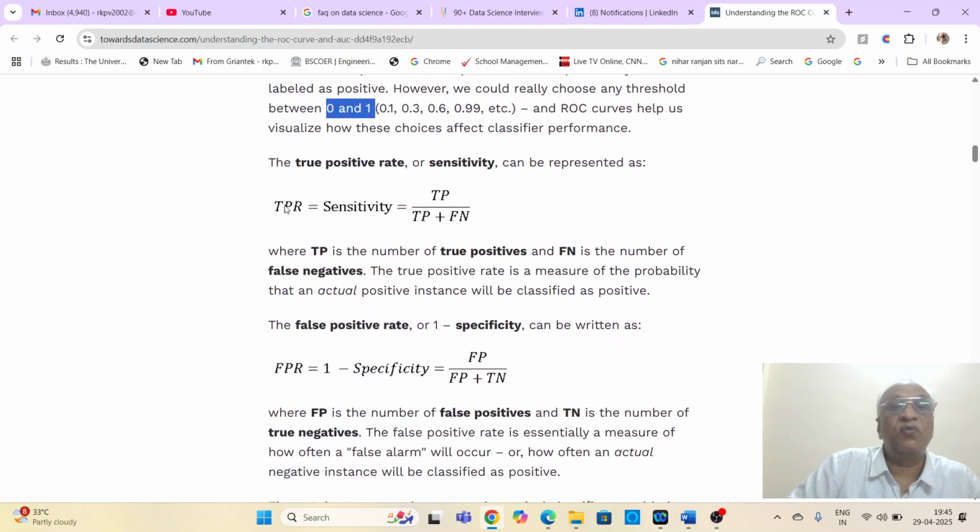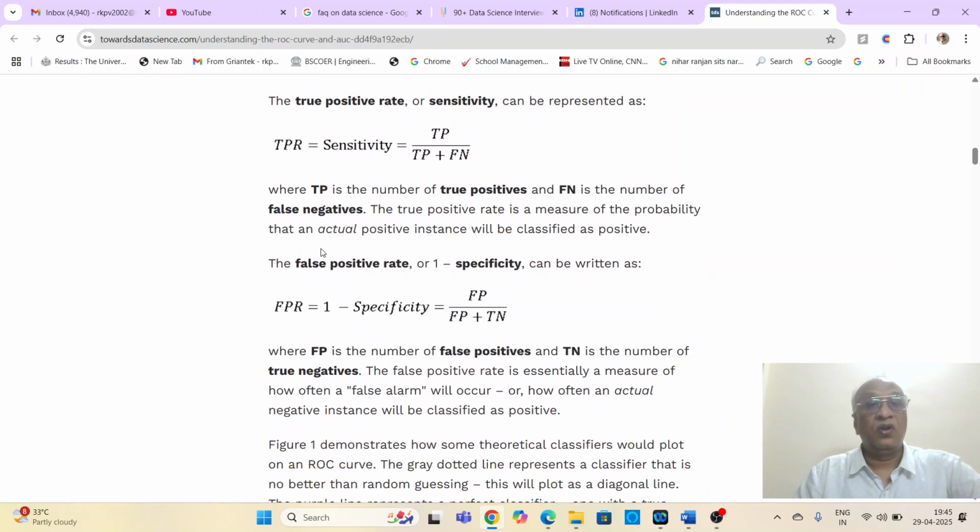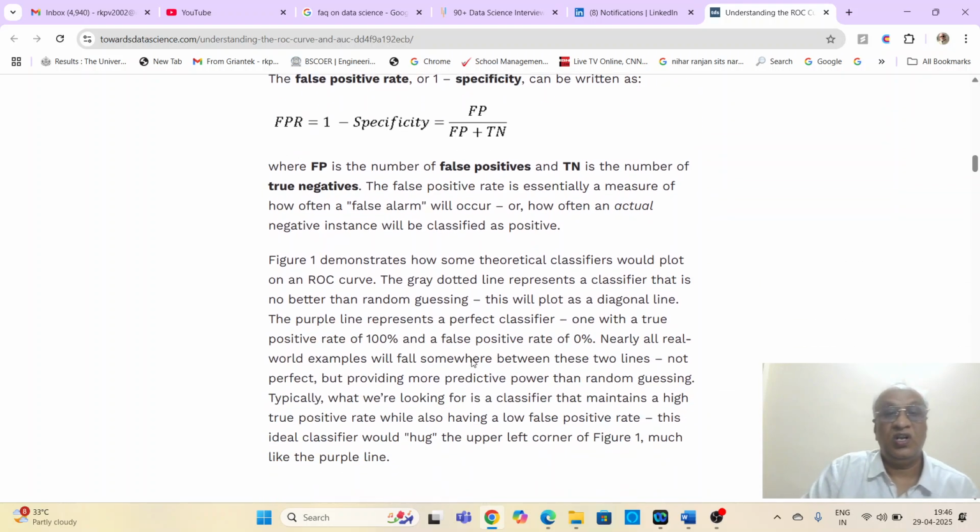I need to remember what true positive rate is. True positive rate is equal to sensitivity, and the formula is TP divided by TP plus FN. We also need to understand false positive rate, which is 1 minus specificity, equal to FP upon FP plus TN, where FP is false positives and TN is true negatives.